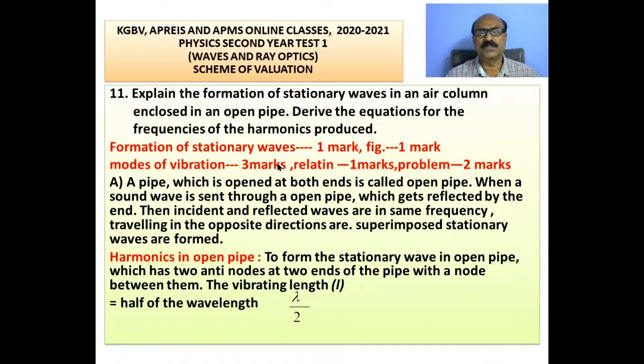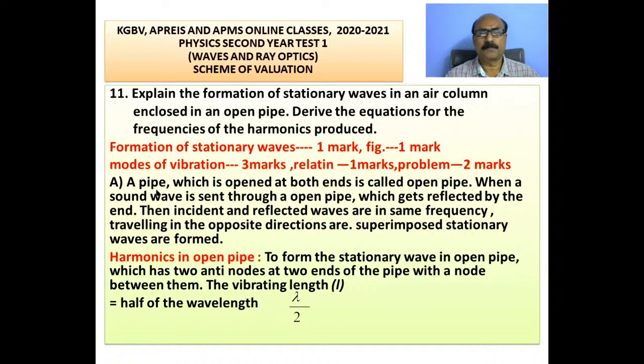Modes of vibration, 3 modes: fundamental mode, first overtone and second overtone, 3 marks. Relation between the fundamental frequency and the different overtones or harmonics, 1 mark. Problem, 2 marks, total 8 marks. So 1, 2, 5, 6, 7, 8.